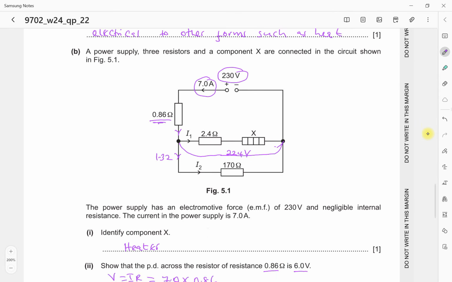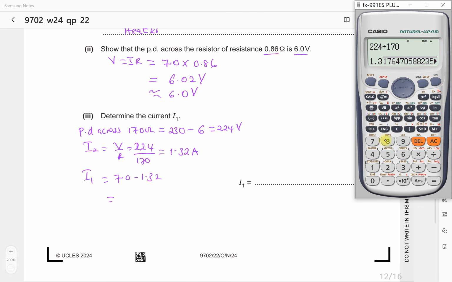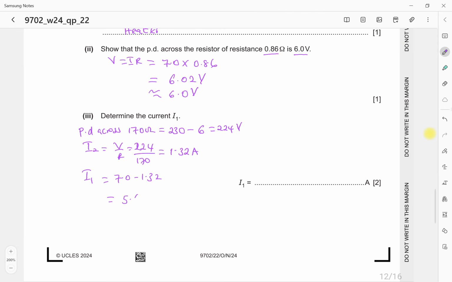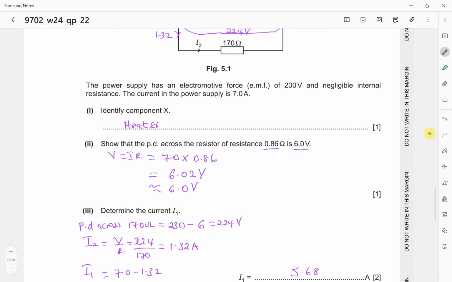So I1 is 7.0 minus 1.32, which is 5.68 amperes, or you can write 5.7, but I'll write 5.68. Of course, there could be another method to find that, but I think that one is the easiest.